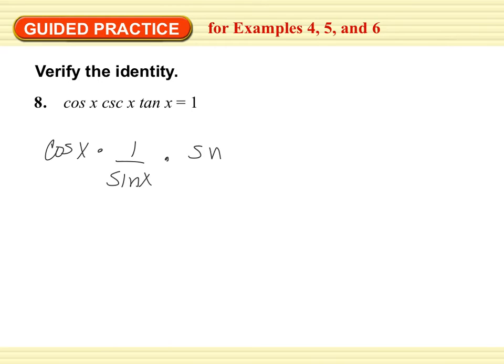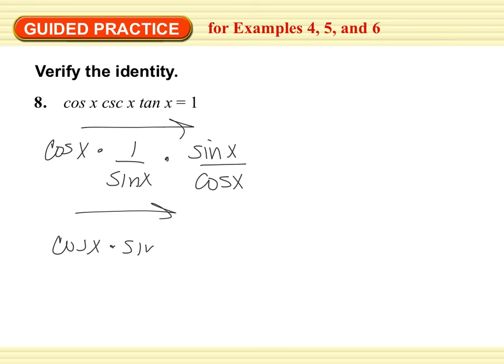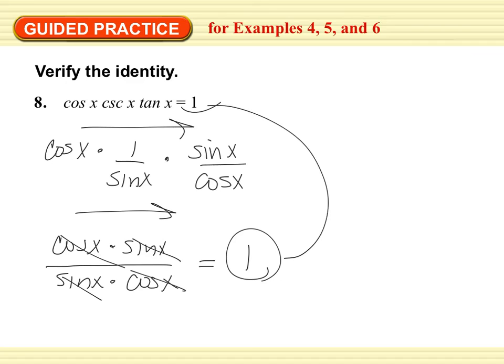I'm right. Okay. I don't know why I got confused. That's an easy one. All right, multiply across the top and across the bottom. Cosine x, sine x, sine x, cosine x. I'm just collecting everything. Cancel everything you can, and voila, it equals 1.